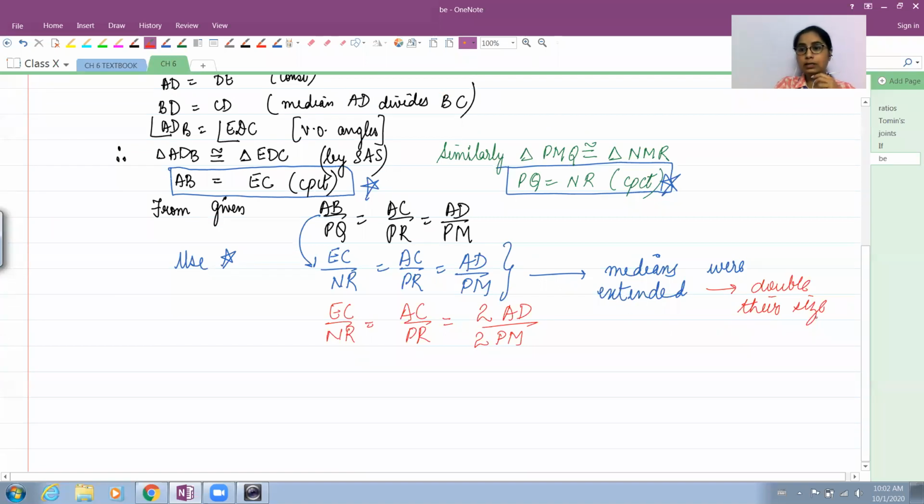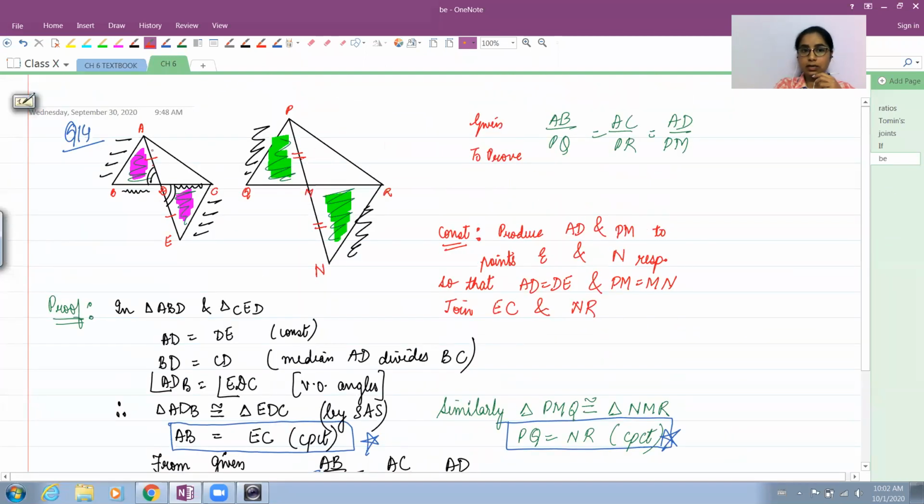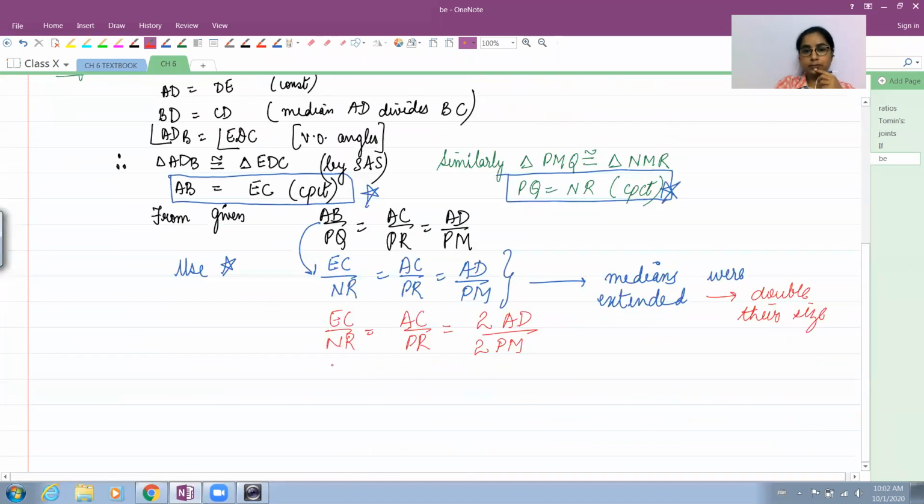Now, if you look at the diagram, go back to your figure, AD is given here. AD and DE actually make AE. So double of AD will be AE. EC over NR equals AC over PR, and the third ratio gets replaced by AE upon PN. If anyone has trouble understanding this, you can write that down here.